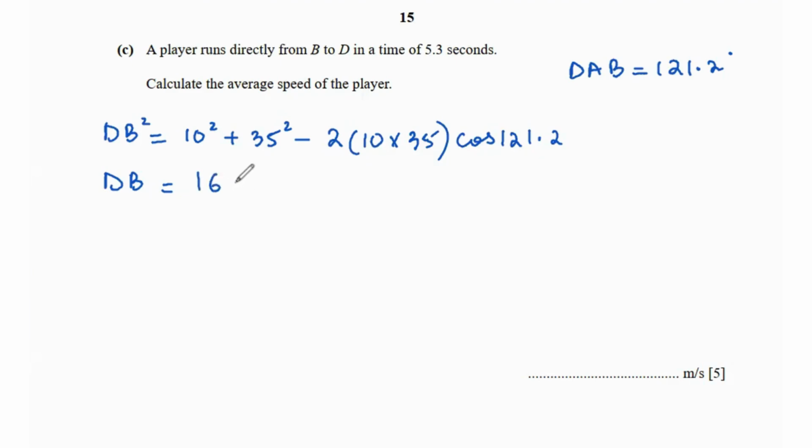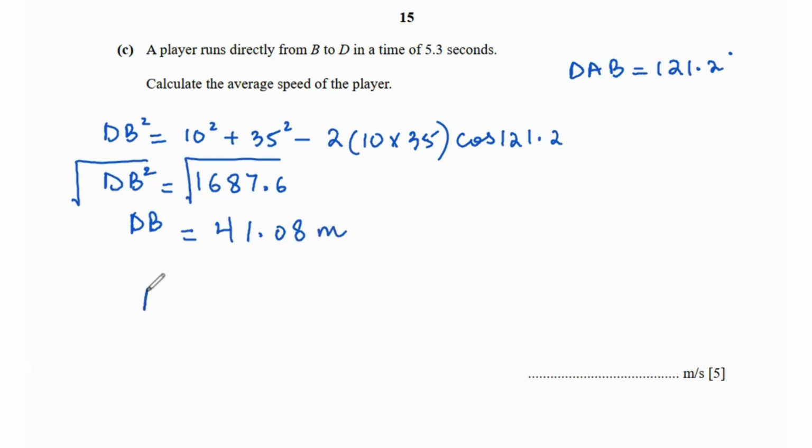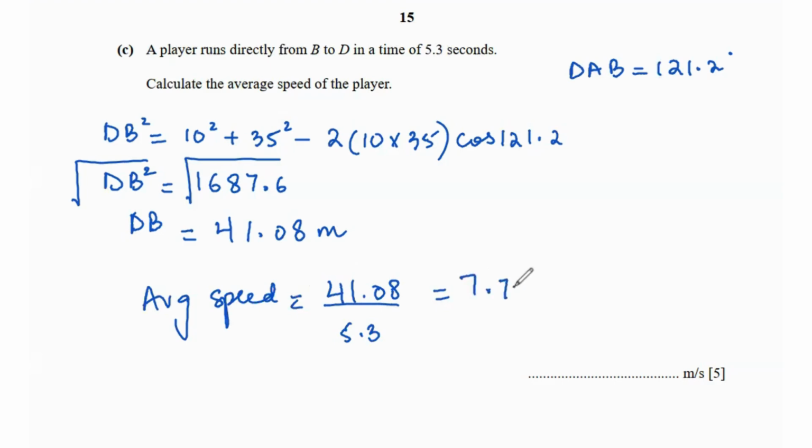We get 1687.6. Square root both sides. So BD is going to equal 41.08 meters. So average speed would be 41.08 divided by 5.3, which is 7.75 meters per second.